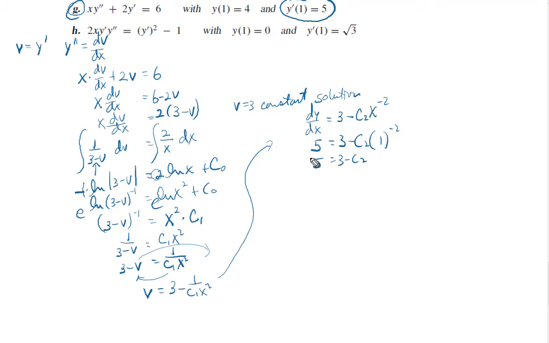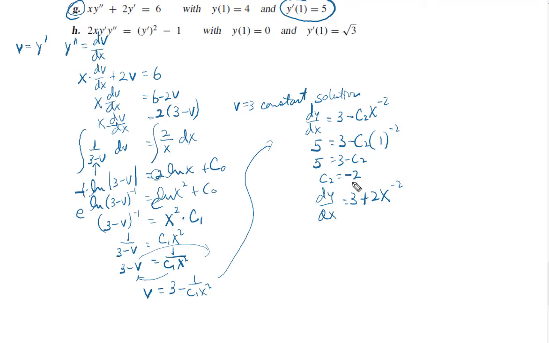So if we add c2 to the left, subtract 5 from the right, we get c2 equals negative 2. So we know that dy/dx is 3 minus negative 2, x to the negative 2.